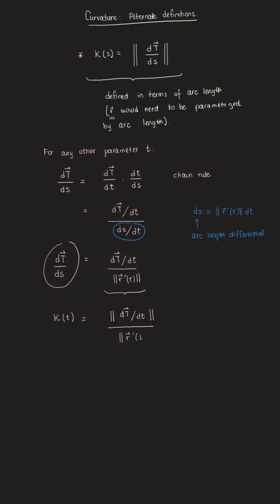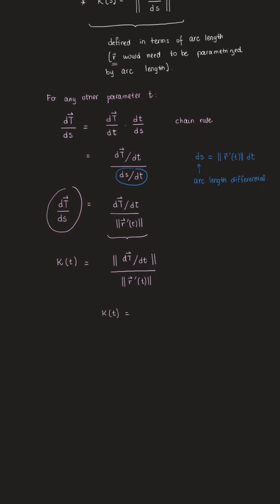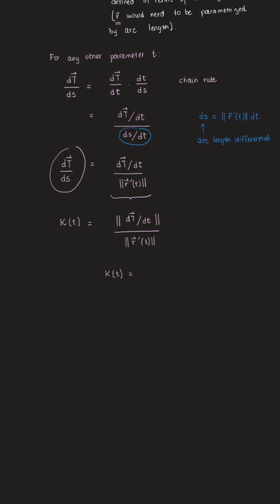There's r prime of t. And so here is an alternate definition for curvature for any parameter t. Does not need to be our arc length parameter. And so that's going to be the magnitude of T prime of t, same as dT/dt, divided by the magnitude of r prime of t, where t is our parameter.